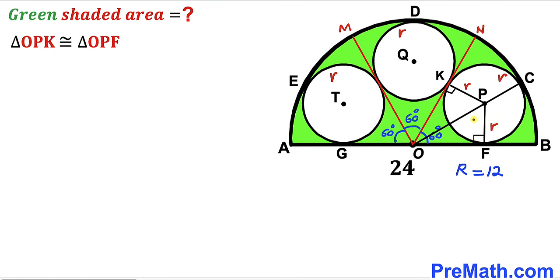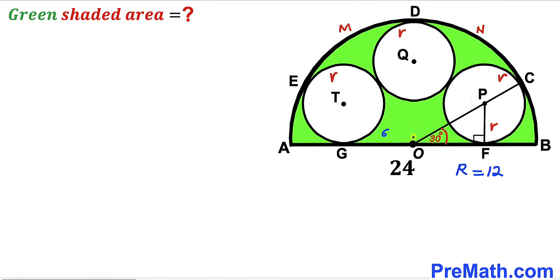Since both of these triangles are congruent, this angle has got to be equal to this angle. Since this whole angle is 60 degrees, this angle has got to be 30 degrees, and likewise this angle is going to be 30 degrees as well. Here's our next step.